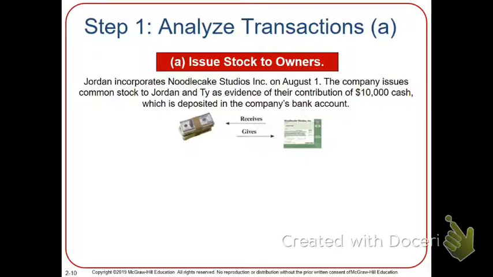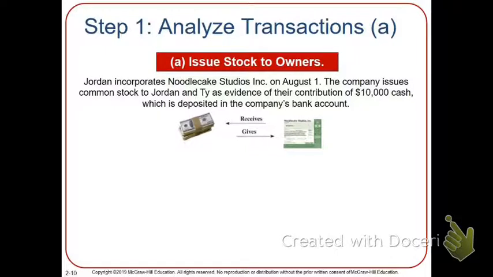So the first thing you do when you analyze a transaction is look to see, did something actually take place? In this transaction, the company issues stock to Jordan and Ty as evidence of their contribution of $10,000. Jordan incorporated this company called Noodlecakes, and they were given $10,000 cash.